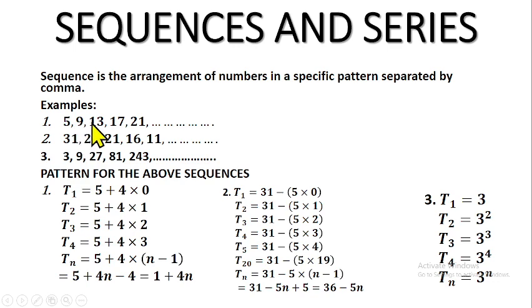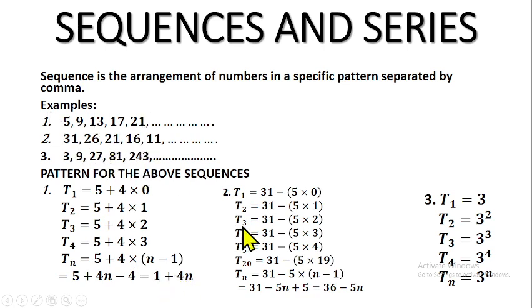If the third term, I put 3 here, 4 times 3 gives us 12, plus 1, that gives us 13, and so on. So this is the pattern they followed to get this sequence. I'm just trying to establish the fact that a sequence must follow a specific pattern. For this sequence, this is the pattern they used to generate it.